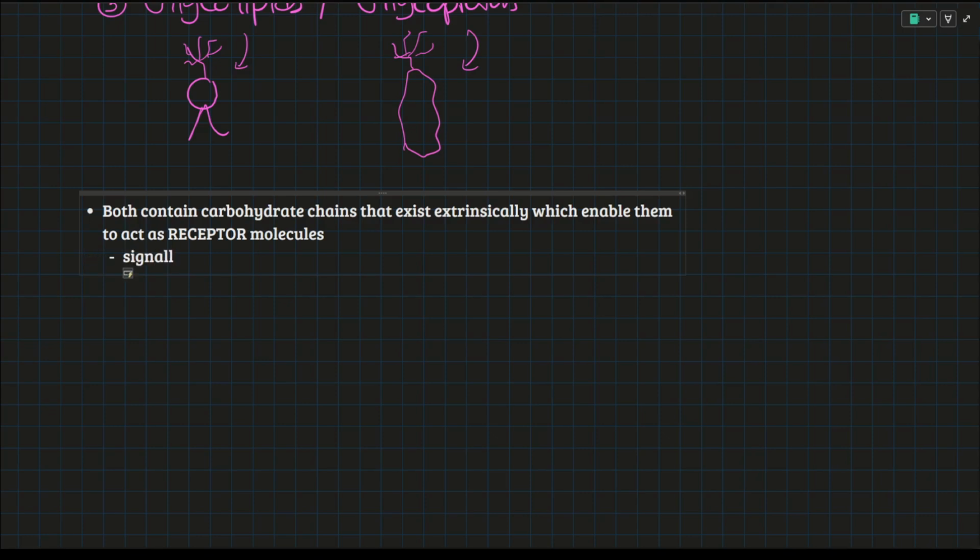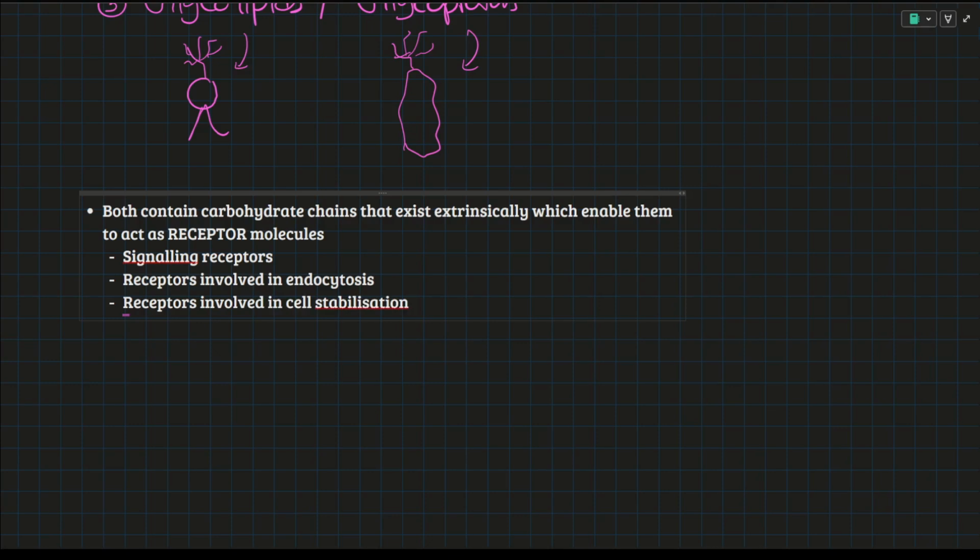For example, we can have signaling receptors. Then we can have receptors involved in endocytosis. What do you mean by endocytosis? It's a form of transport. More about transport later. And receptors involved in cell stabilization.